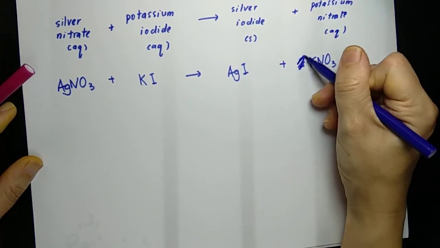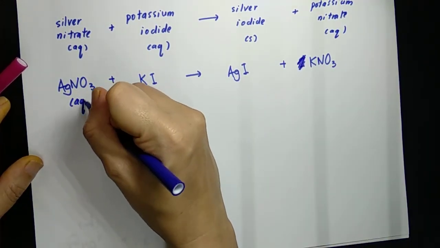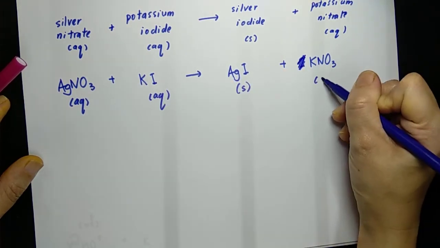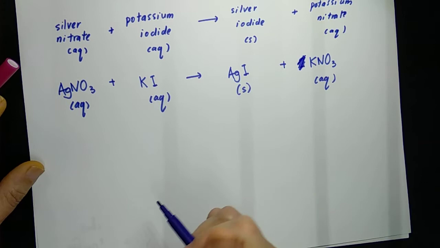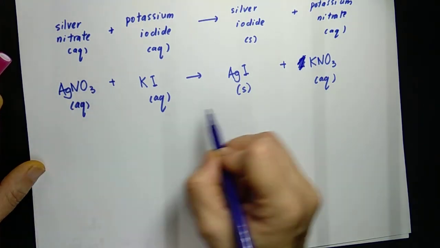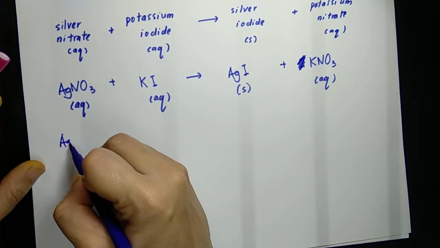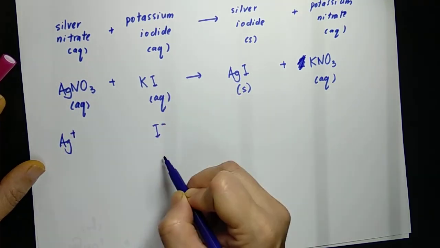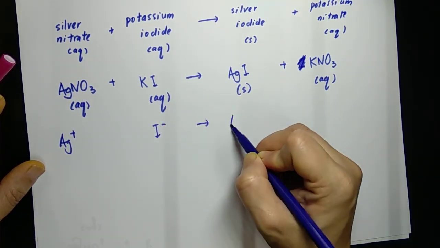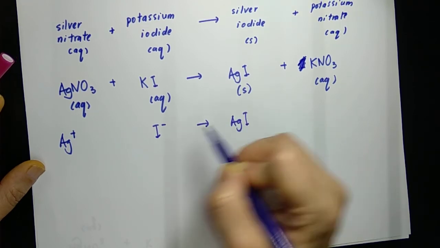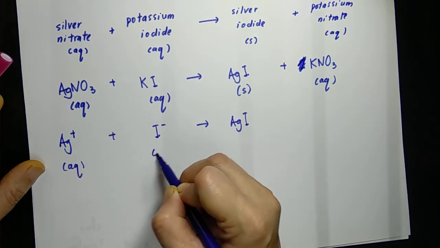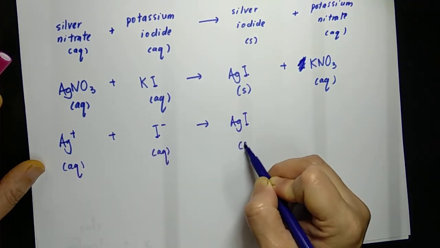Now this is aqueous, this is aqueous, this is a solid, this is aqueous. So the easiest thing you can do is take the aqueous silver ion and the aqueous iodide ion, and it changes to become silver iodide, which is a solid. Aqueous, aqueous becomes a solid.